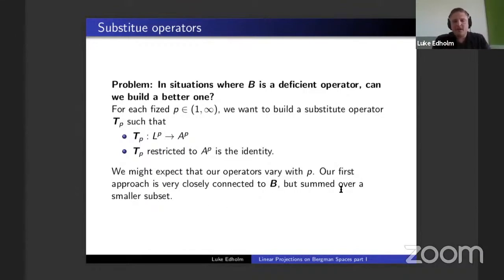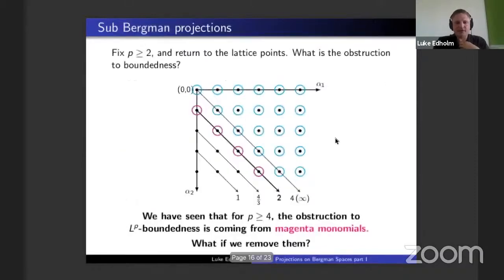The first approach I'm going to talk about is quite closely connected to the original Bergman projection, but summed over a smaller set. Okay, so fix some p probably greater than 2, because at 2 it's just the Bergman picture, and we'll return to this lattice point picture. So what about the Bergman kernel obstructs LP boundedness?